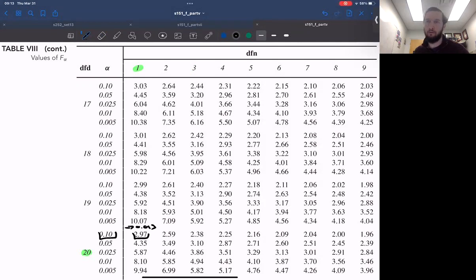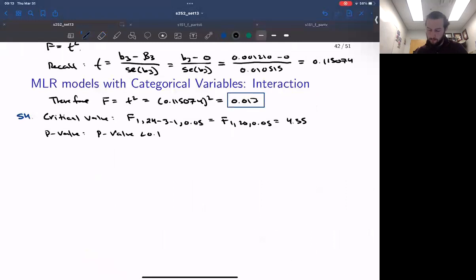So therefore the p-value must be greater than 0.1. Okay, so we do not reject H0.